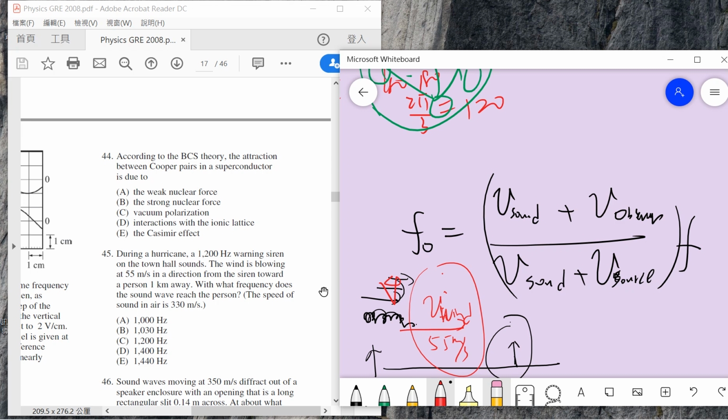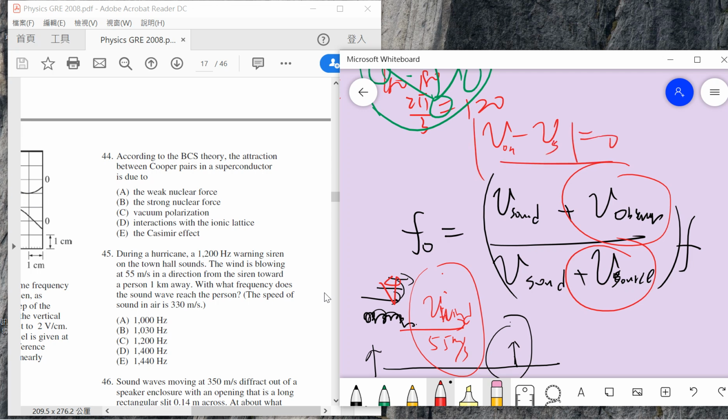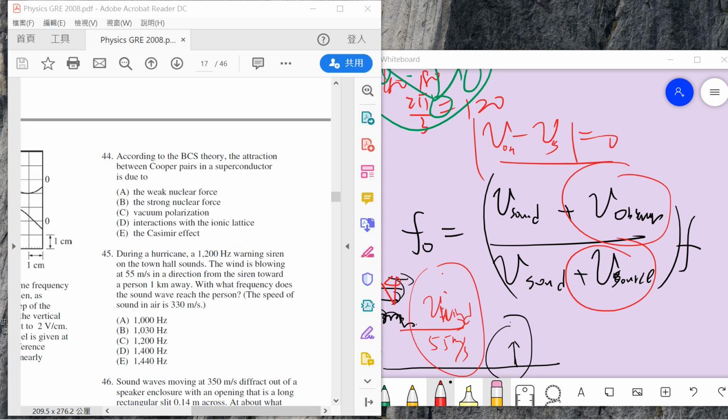Although it looks like there's a Doppler effect, actually nothing moves, or if something does move, then both the wind and the sound and the human move. So the observer and the source do not have any relative speed, so there's no Doppler effect. The answer is C.